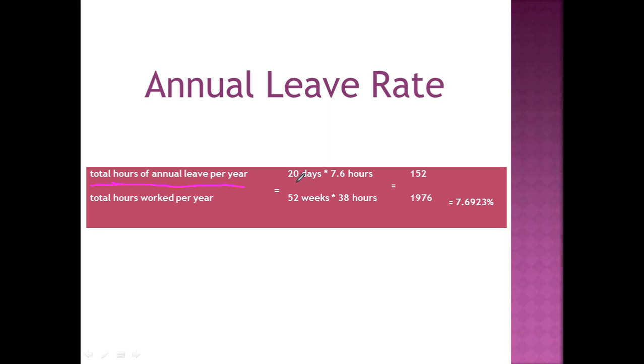So we put in annual leave, you're allowed 4 weeks, so that's 20 days, and the day is a 38-hour week, so that divided by 5 gives you a 7.6-hour day. And you have total hours worked per year, you have 52 weeks in the year, and that's at 38. So the calculation calculates through, and what you get is 7.6923%. So that's how I calculated it.